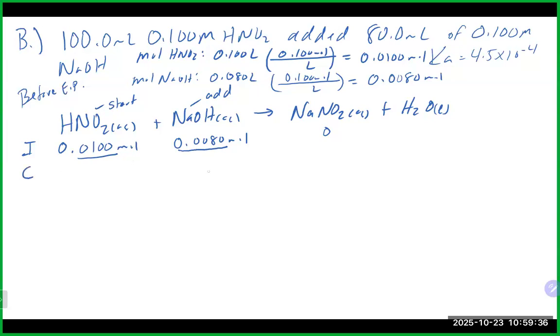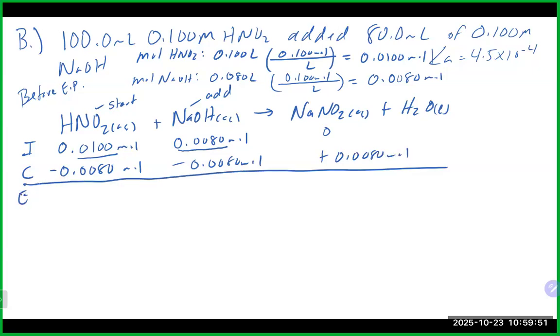So the change here is going to be what we're adding, which is smaller, so minus 0.008 moles, minus 0.008 moles, and plus 0.008 moles. That means when we do reach the equivalence point here, we will end up with, looks like, 0.002 moles, 0, and 0.008 moles here.